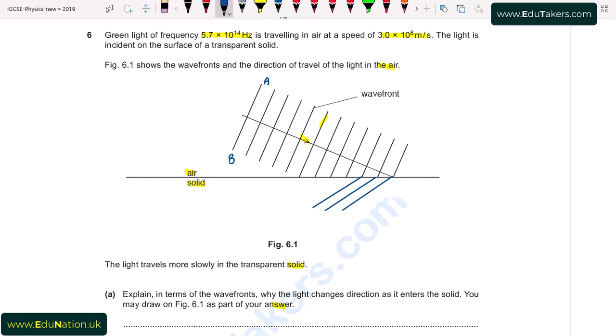The end of the wavefront A hits the boundary first before B. So you can see here that this is A and it hits the boundary first as compared to B. The wave slows down after crossing the boundary because here is a solid and it's a denser medium. But the end A spends longer in the slower material. The difference in the time in the slower substance causes the wavefront to change its direction.